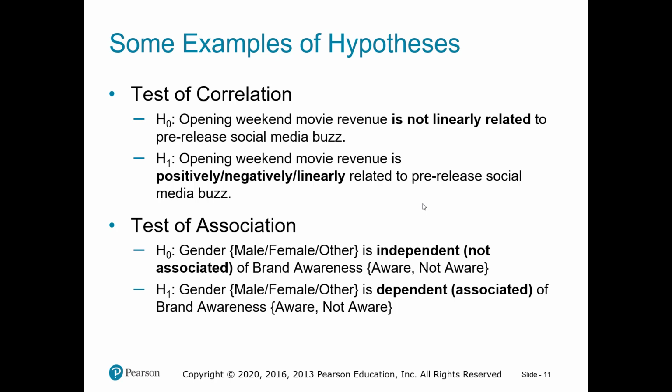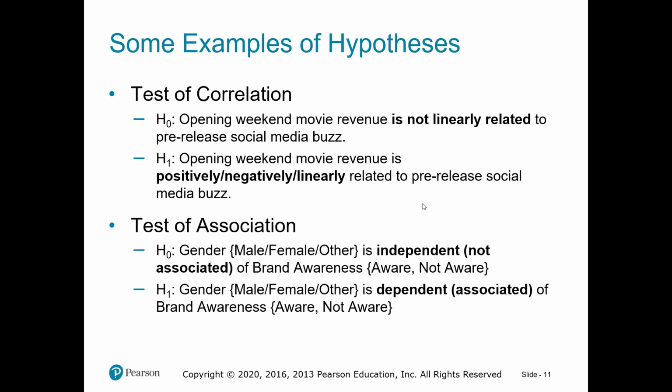So the movie revenue is not linearly related to social media buzz. And the alternative hypothesis is the revenue is linearly related, meaning either positively or negatively related, to pre-release social media buzz. So here the null hypothesis is there's no type of linear relationship, and the alternative is there is some relationship, in either direction.